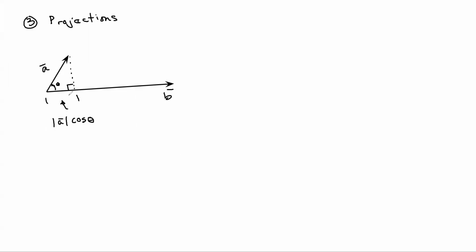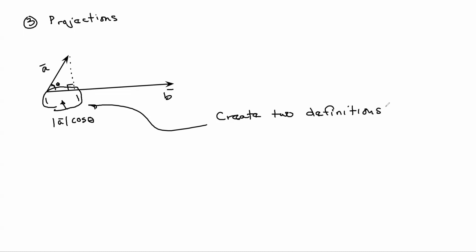So what we're going to do with this thing here is create two definitions with it. So definition one, we're going to call the component of A in the B direction, and it's going to equal this thing.